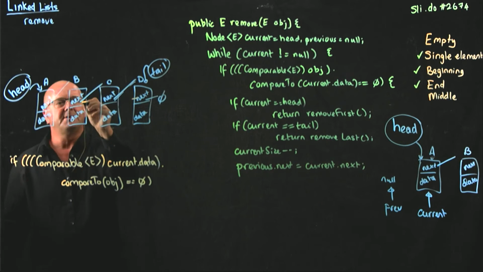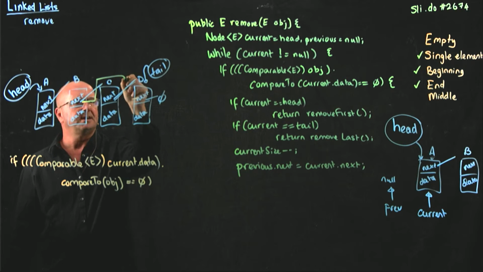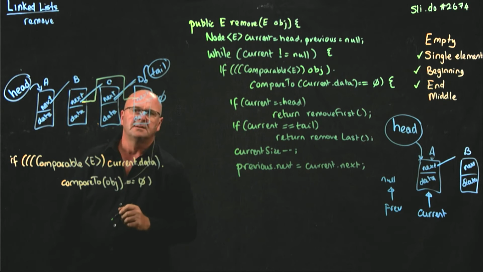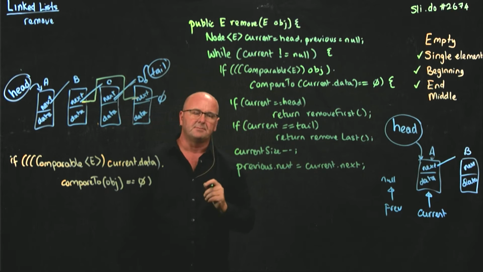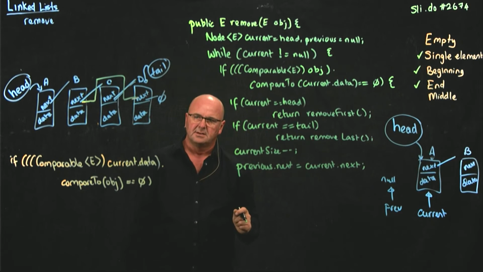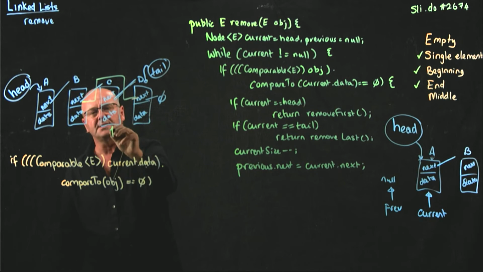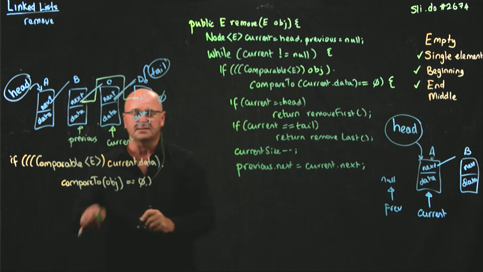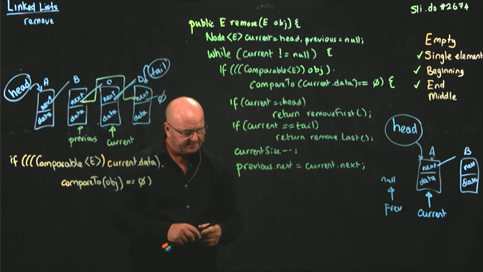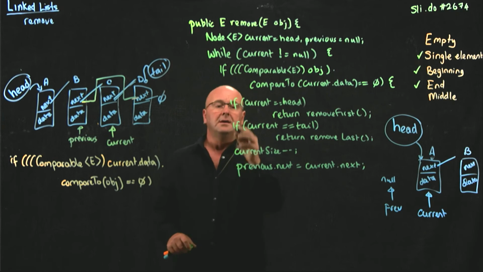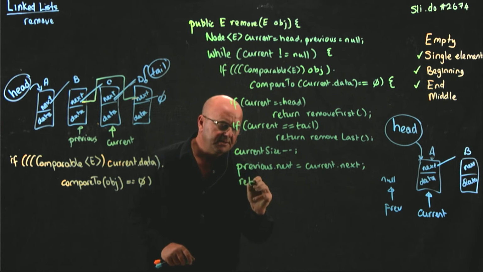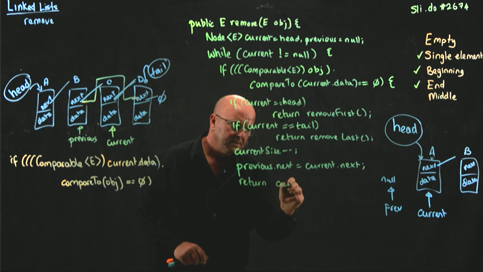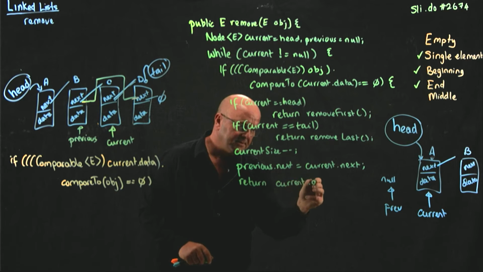So we're taking previous.next and setting it to current.next. So that deletes the pointer from previous to current. So now the only thing pointing at the node that we're deleting is our current pointer. And now we can just return current.data.